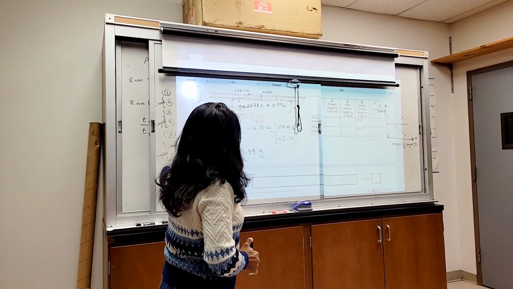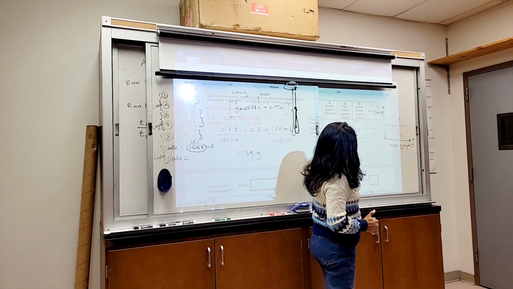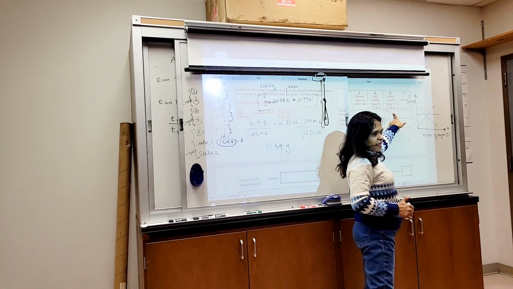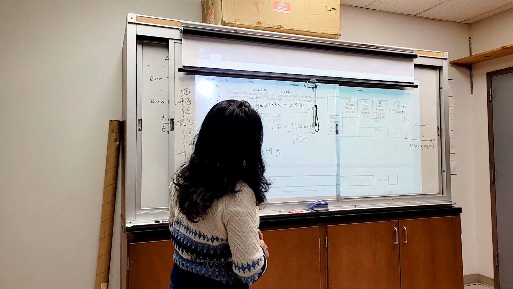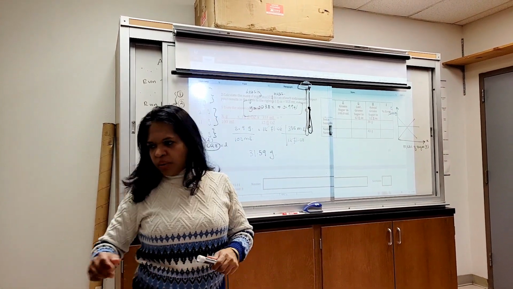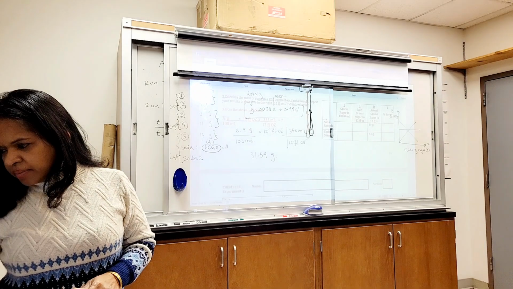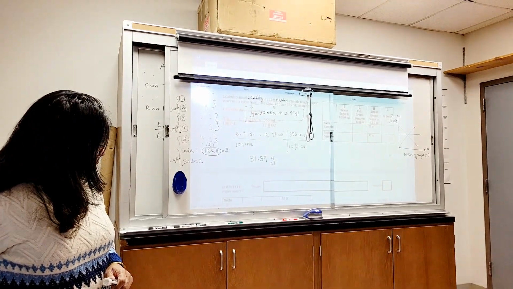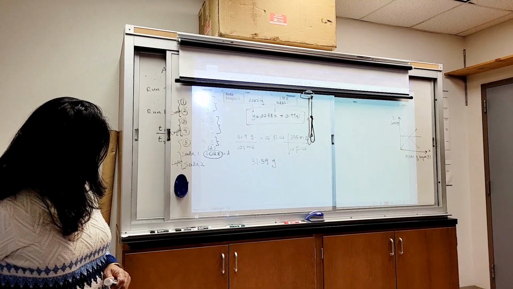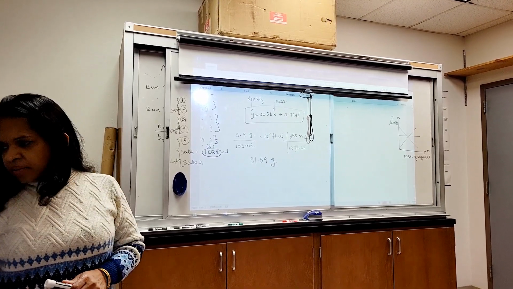Then you will be given the actual grams of sugar in 12 fluid ounces for your 2 soda samples, so we can find out the percent error. How do we calculate the percent error? For 39 grams, let's see how to calculate it.